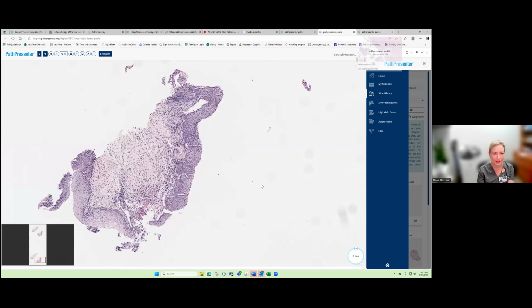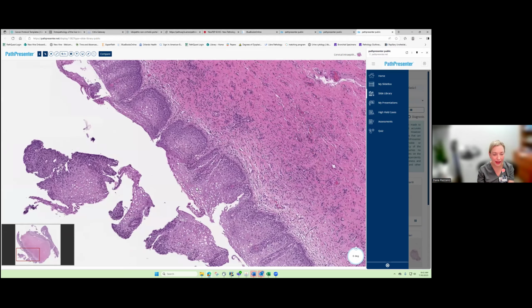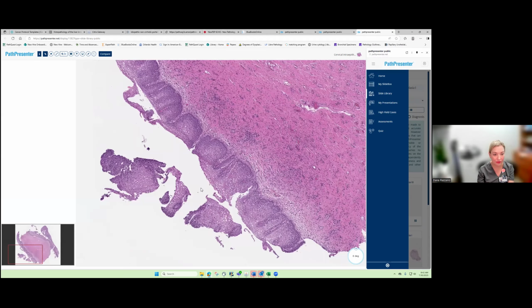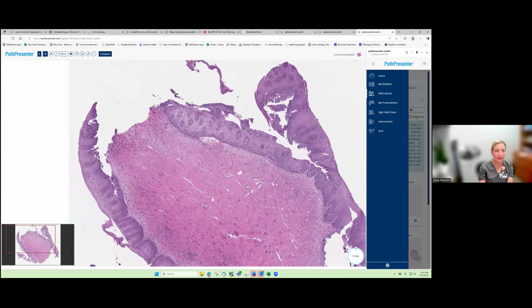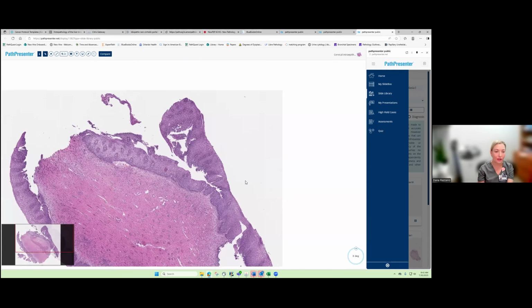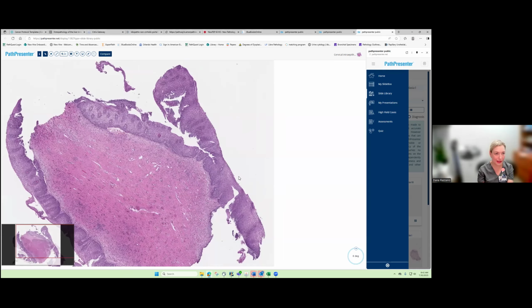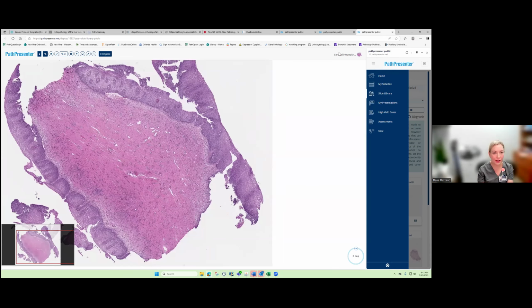So this is a topic that people struggle with still. I still struggle with this. I think that in cytology, low-grade squamous intraepithelial lesions are 1,000 times easier to see than on histology.